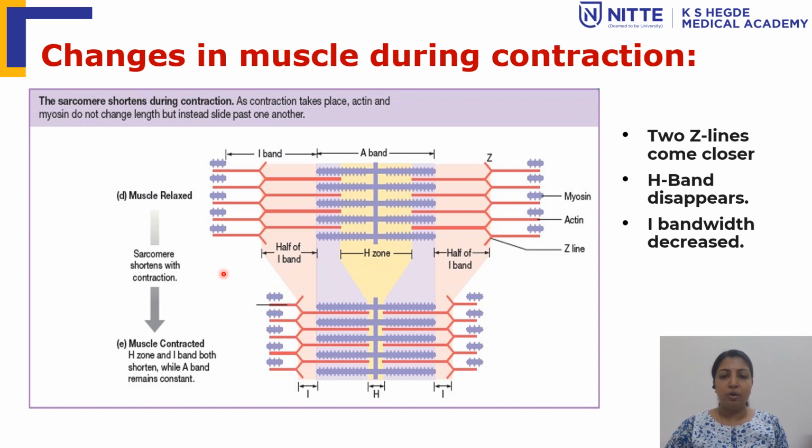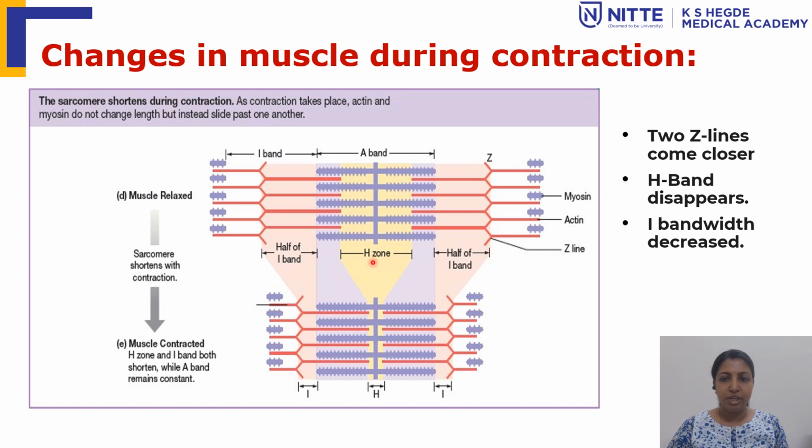What happens during contraction? Here you can see the relaxed muscle. This is the sarcomere. From one Z line to the other Z line, you have the thin and thick filaments, actin and myosin. They interact and pull together so that the two Z lines come closer.